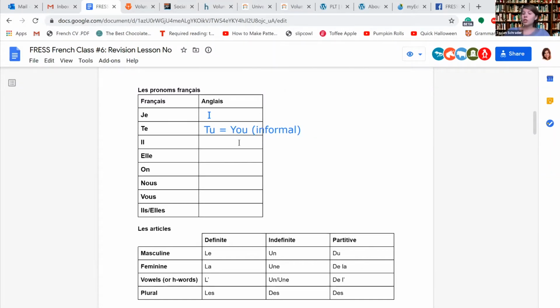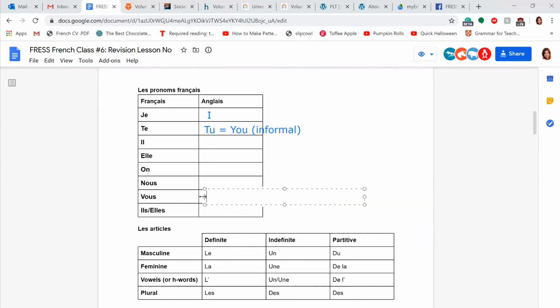So in French, there are 2 types of you. The next one, which one is it, Anna? Can you remember which one? Vous. That's right. So vous is the formal version of you. So you would use vous to address a colleague, your boss, someone who is older than you, or someone that you don't know particularly well.